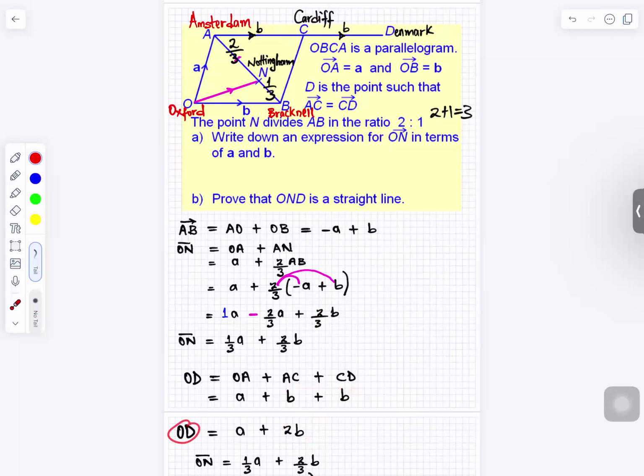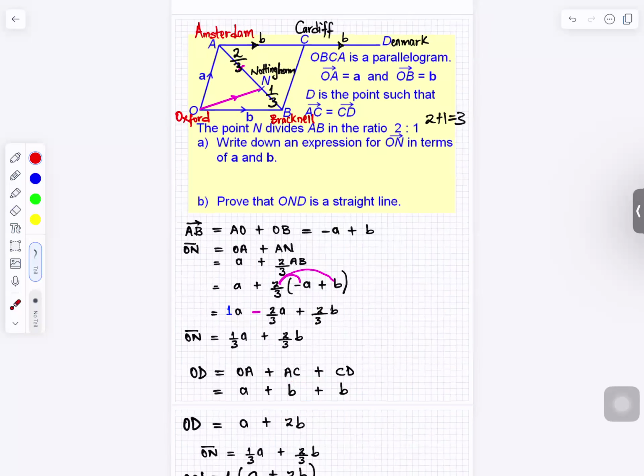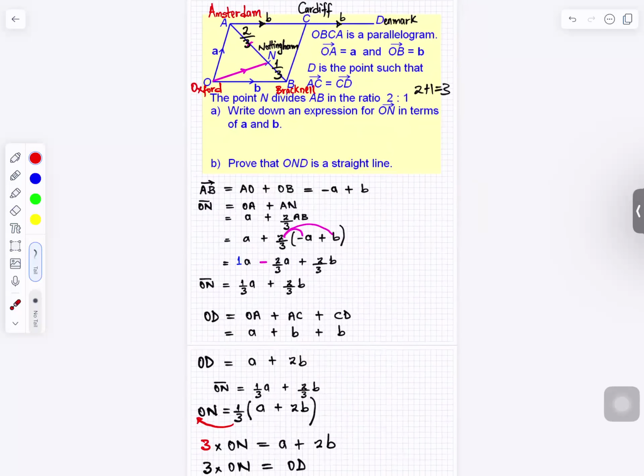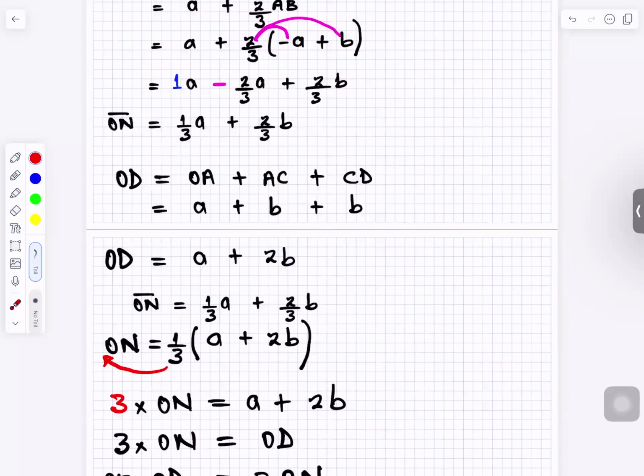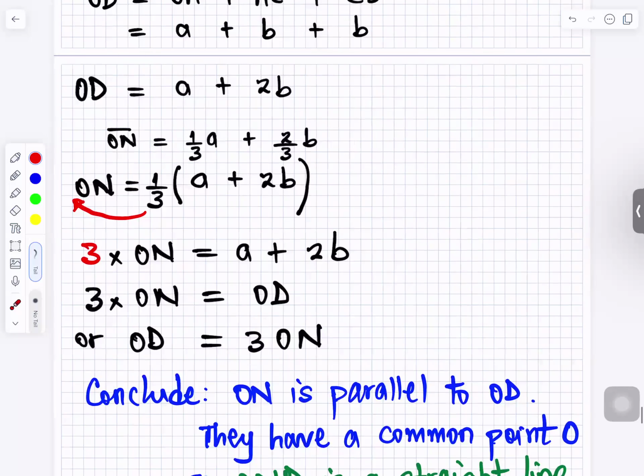So OD is A plus 2B. Now this is a clever bit. We know that ON is 1 over 3 A plus 2 over 3 B. We can take 1 over 3 out. Let me zoom in because this is where you really get to understand.